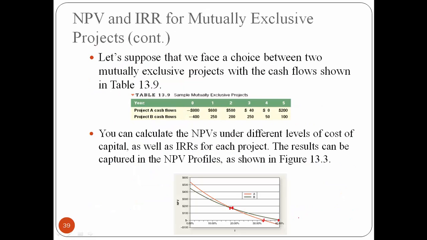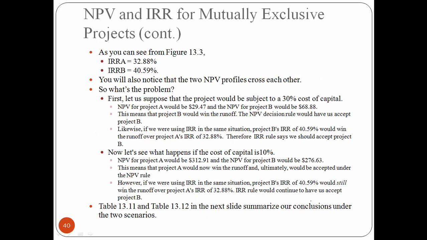So when the cost of capital is 30%, we can look it up: this is the NPV for project A, and this is the NPV for project B. So project B has a higher NPV, and according to the NPV decision criteria, we would choose project B and give up project A.